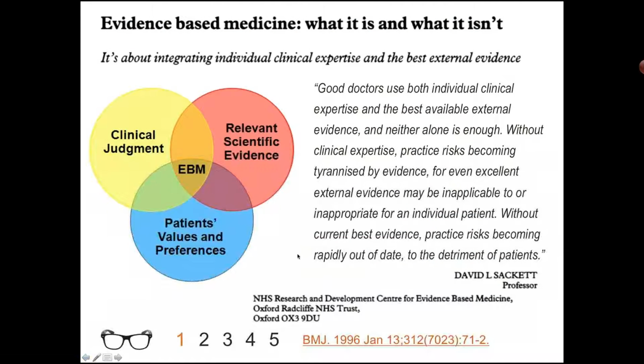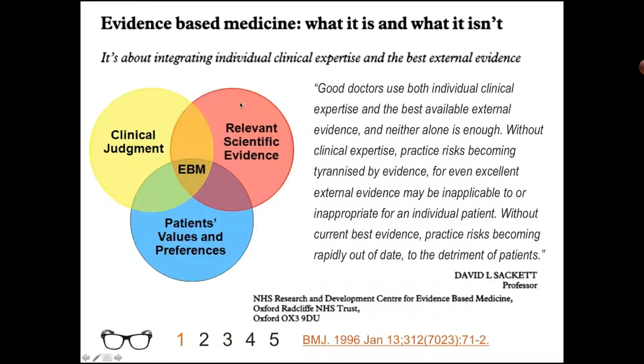But what I wanted to touch upon is the fact that already in 1996, 1997, Professor Sackett of the NHS Research and Development Center for Evidence-Based Medicine at Oxford University talked about using clinical judgment and taking into account patients' values and preferences when providing advice as part of an intervention.